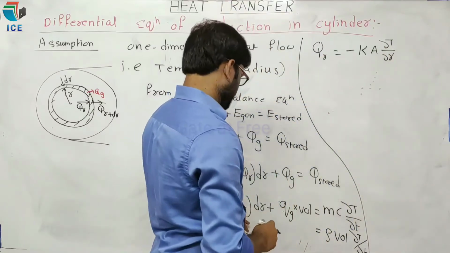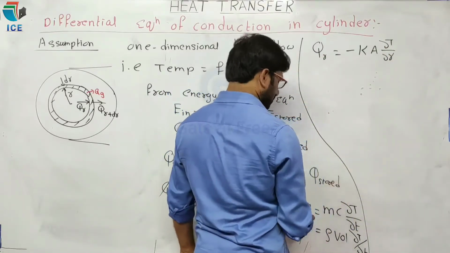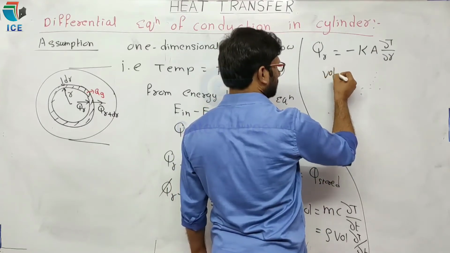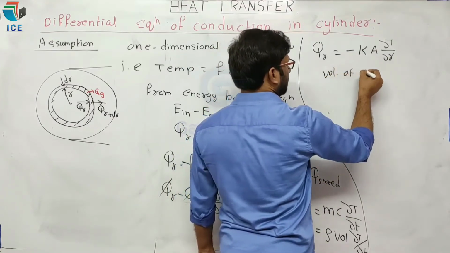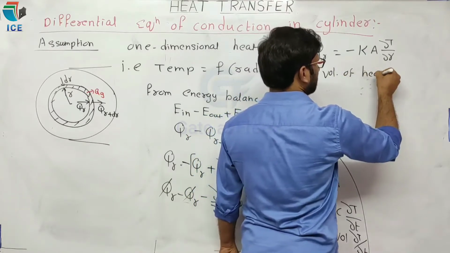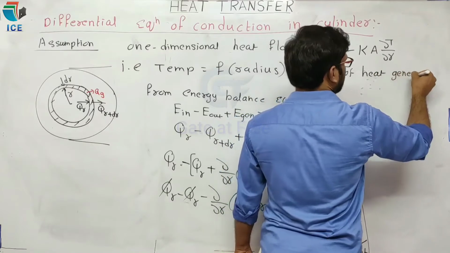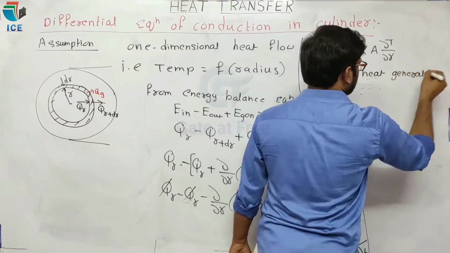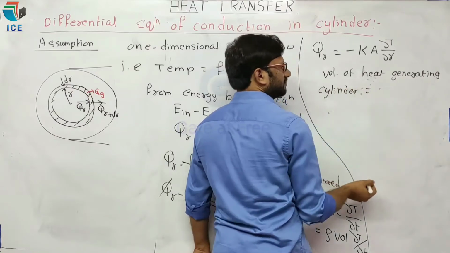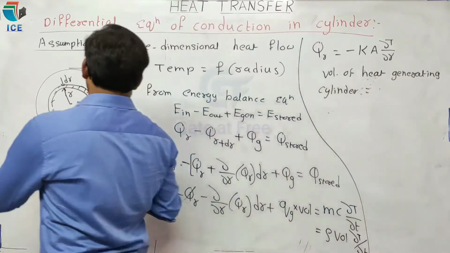Okay. Now what is the volume of the heat generating cylindrical ring?